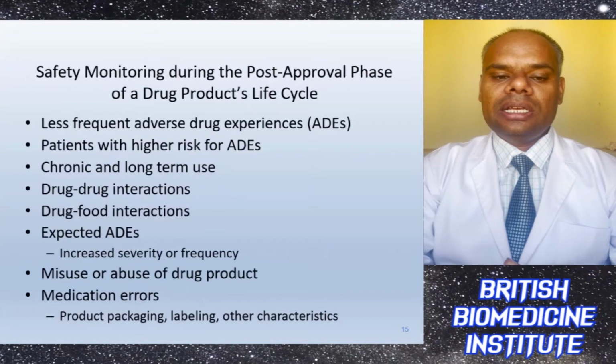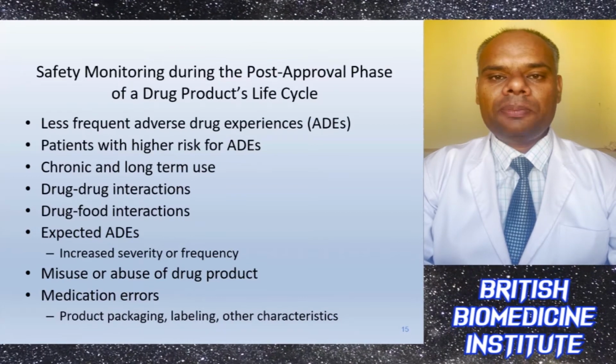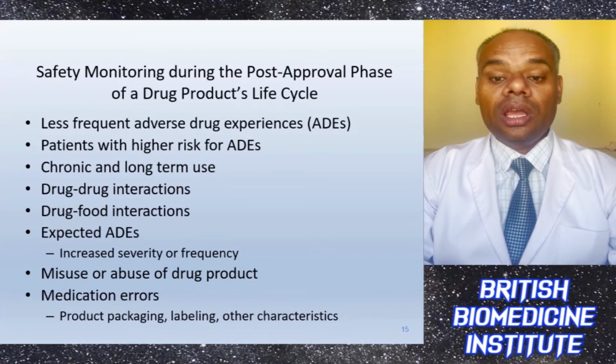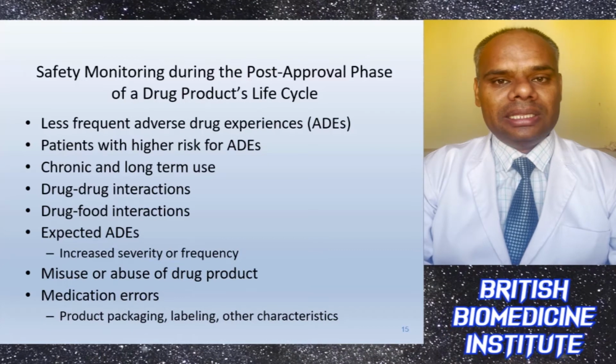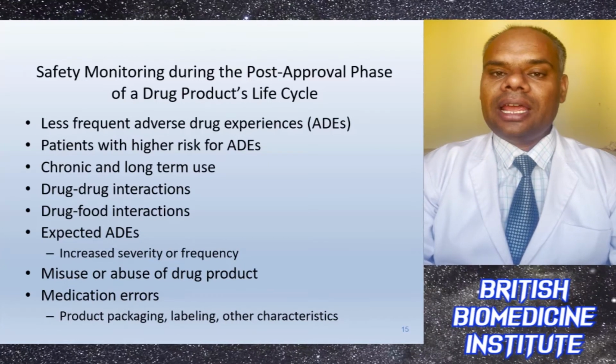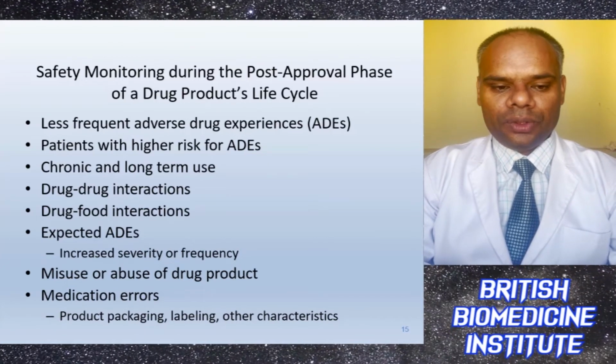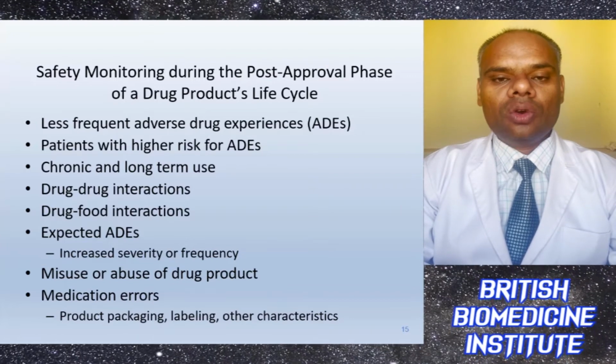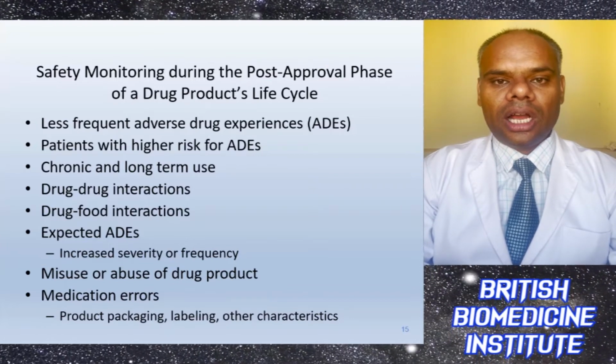Under safety monitoring during the post-approval phase of a drug product life cycle, less frequent adverse drug events, ADE, can be found. Patients with higher risk for ADE are unknown.